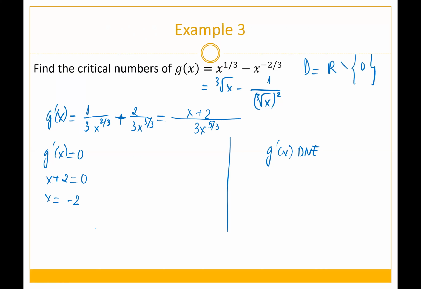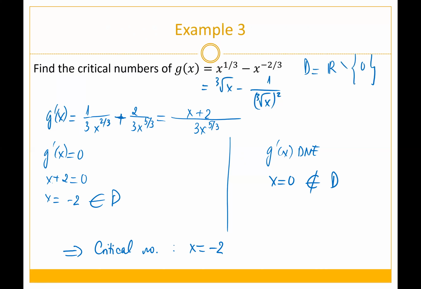At x equal to negative 2, the denominator is different than 0, so that works. g prime of x does not exist when x equals 0. However, we have to make sure that x equal to 0 belongs to the domain, but here it doesn't belong to the domain at all. So our conclusion is that the only critical number is x equal to negative 2, because this one belongs to the domain, but the other does not.